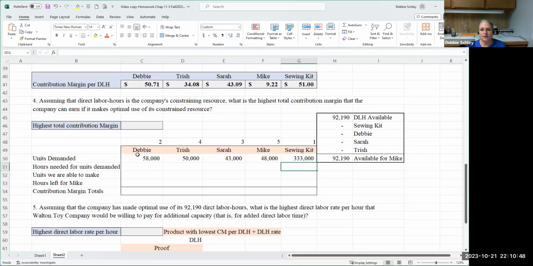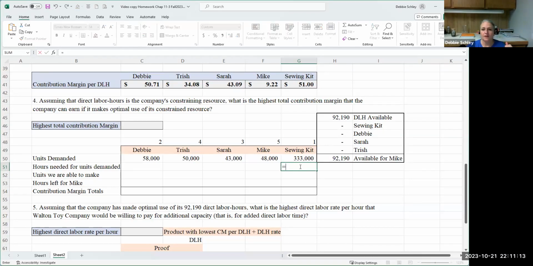So that's how many our customers would like. But obviously we have a constrained resource of direct labor hours. And so it's just going to depend on how many hours it takes to make this many units of each one.